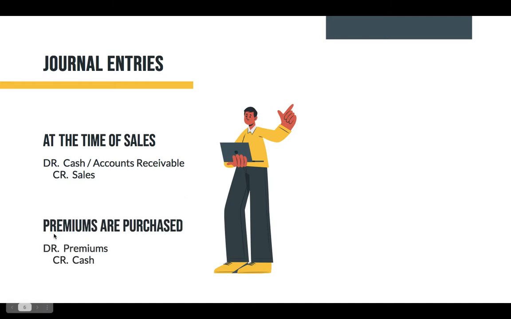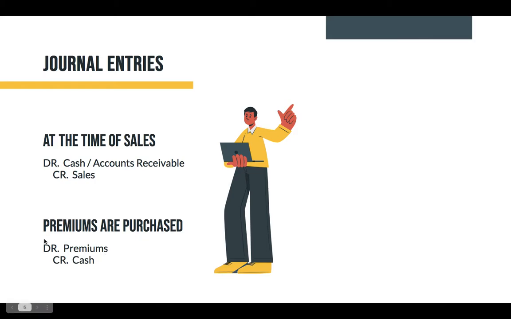Second is when the premiums are purchased. Those premiums are the goods or items that you will be giving out to your customer. When you buy those items, you debit premiums. Since they are items, goods physically there, these premiums are considered assets.